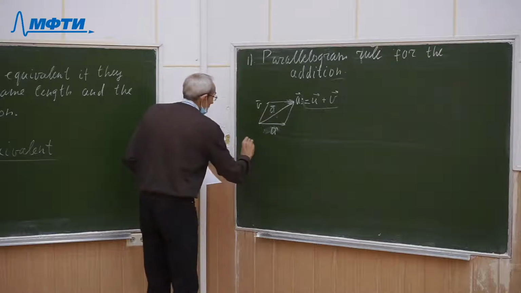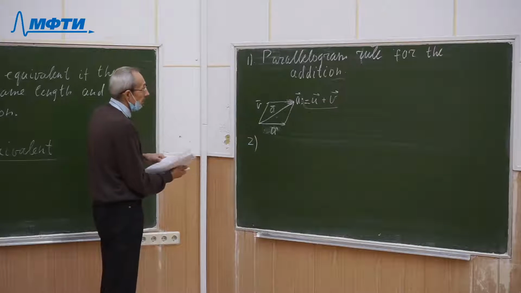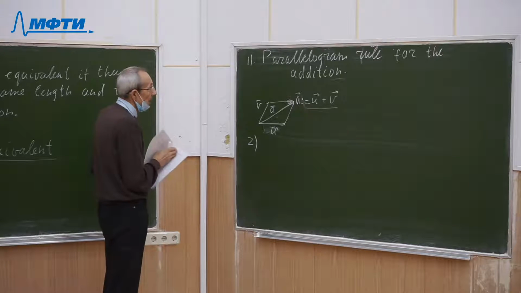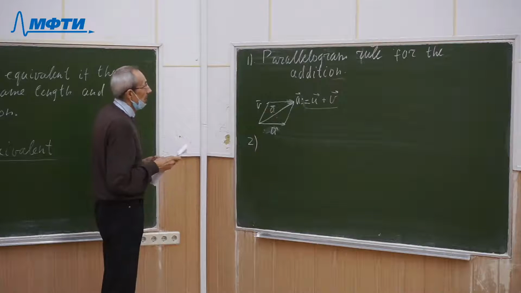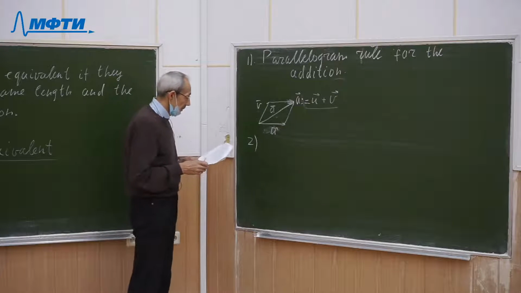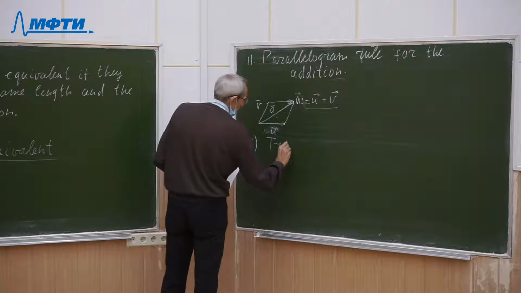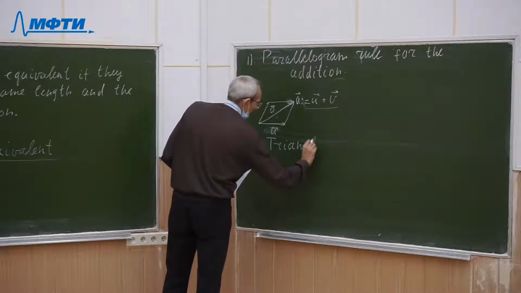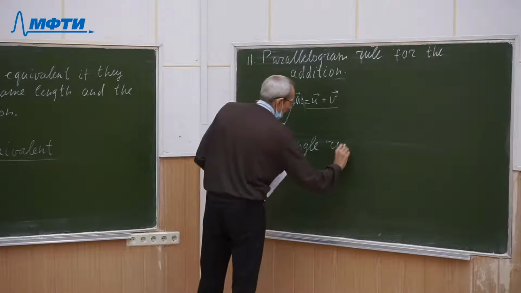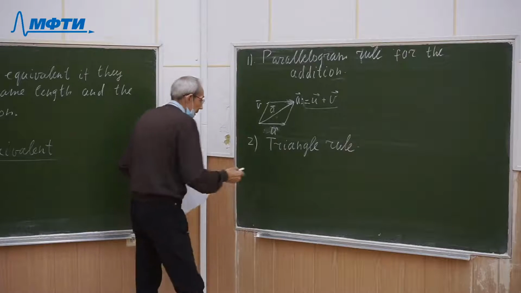And we have also another way to define the addition operation on the vectors, the so-called triangle rule.